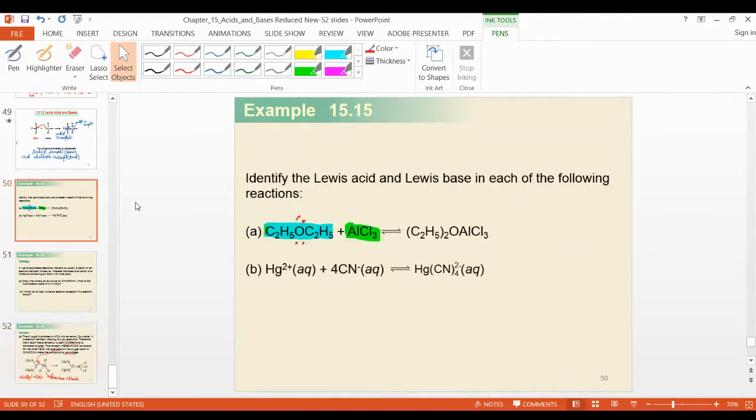Second example is this one. Now this is plus and this is minus. So which one is acid, which one is base? Hg is acid, yeah, and CN is base.